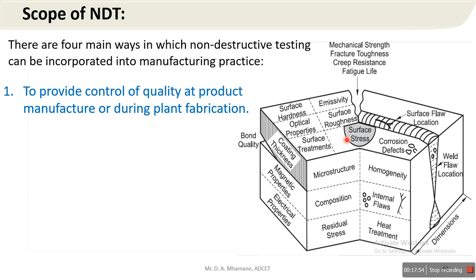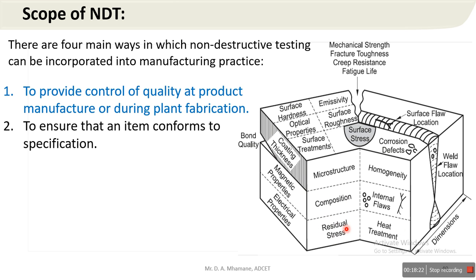Means NDT can be used in quality assurance of the product on the production line, and after production also. Means surface hardness, optical properties, surface treatments, microstructure, composition of raw material, residual stresses in heat treatments, and so on, to ensure that the item conforms to the specification.